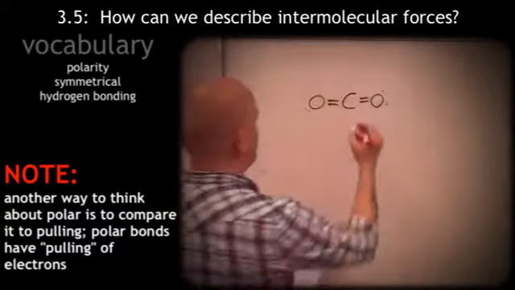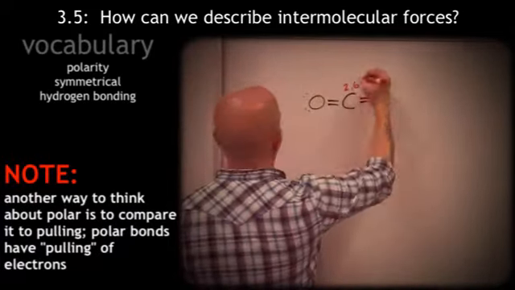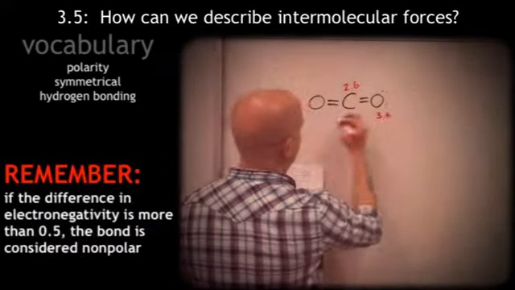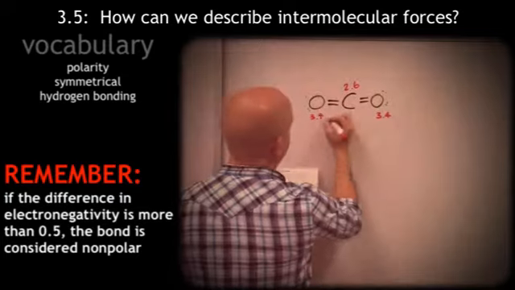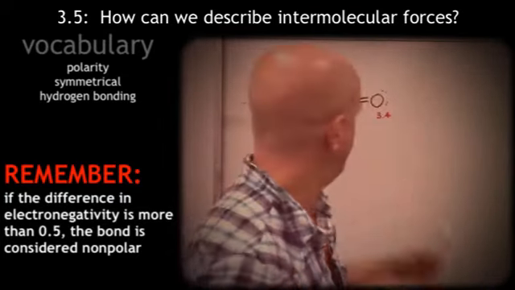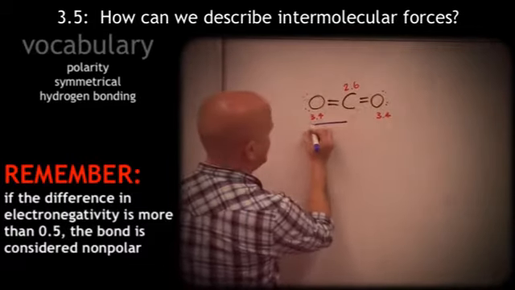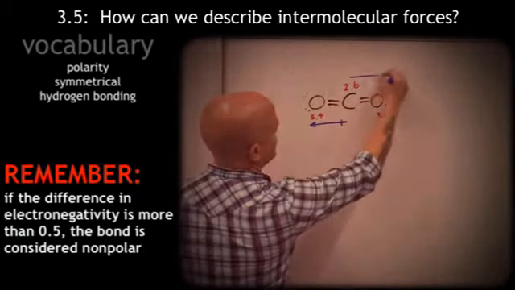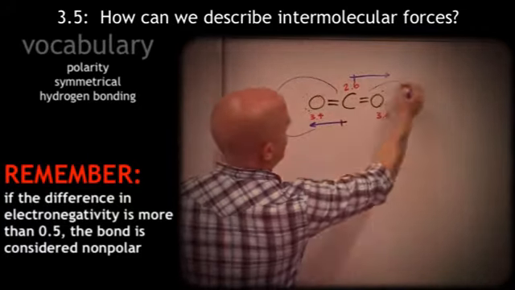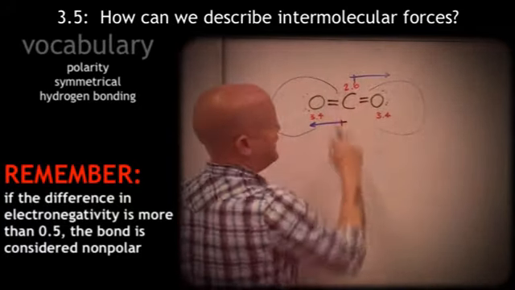So I have carbon, which is again 2.6, and I have oxygen, which is 3.4, and again 3.4. So what's happening here? First of all, the oxygen is taking the electrons. So I have a negative end over here, and a negative end over here, and a positive end in the middle.